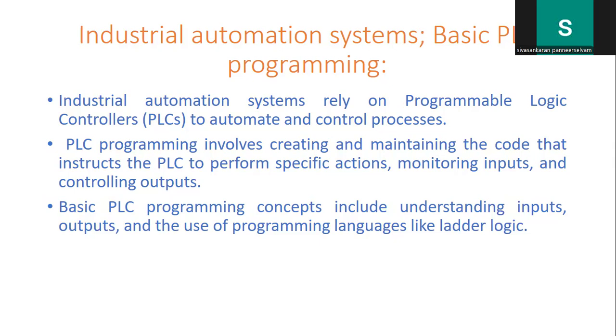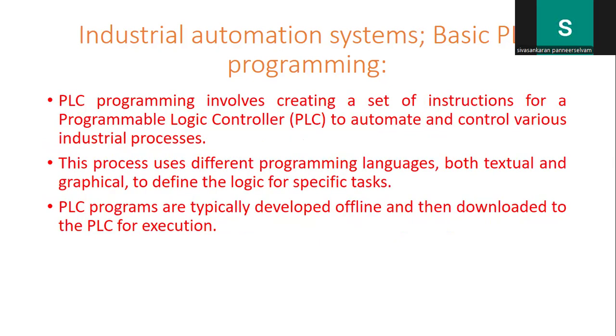The PLC program involves creating and maintaining the code that instructs the PLC to perform desirable actions by monitoring the input and controlling the output. Basic PLC program concepts include understanding various inputs and outputs and the use of programming languages like ladder logic so we can execute the output with the help of that.